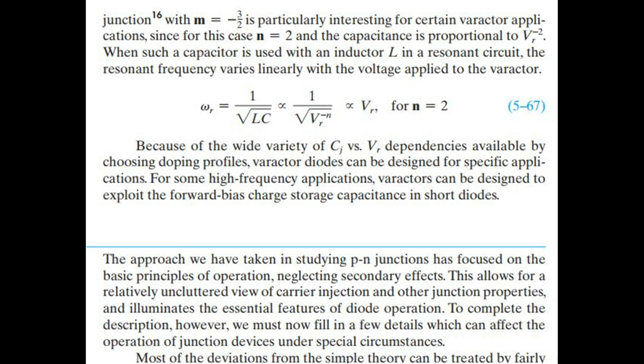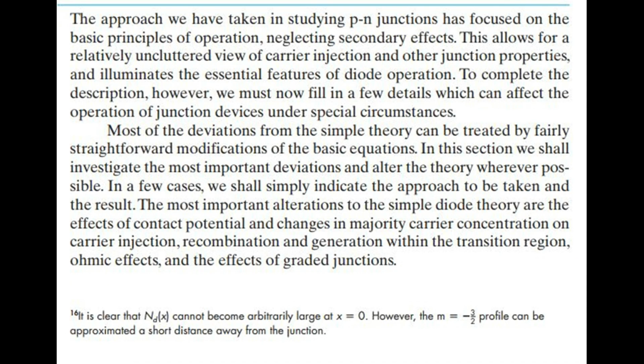Most of the deviations from the simple theory can be treated by fairly straightforward modifications of the basic equations. In this section we shall investigate the most important deviations and alter the theory wherever possible. In a few cases, we shall simply indicate the approach to be taken and the result.